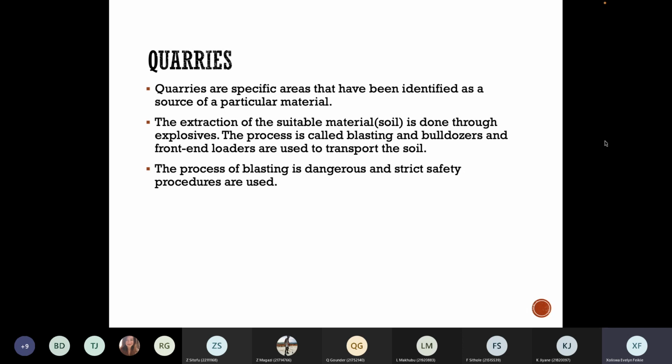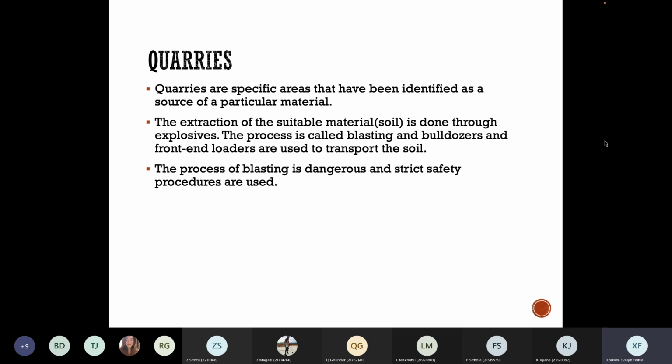So if we realize that the soil that we have, because we're going to extract it, or excavate, cannot really be used because it will not be able to withstand the loadings that we are expecting to impose on this layer of the road, sometimes they need to excavate it altogether, move it, and store it somewhere.